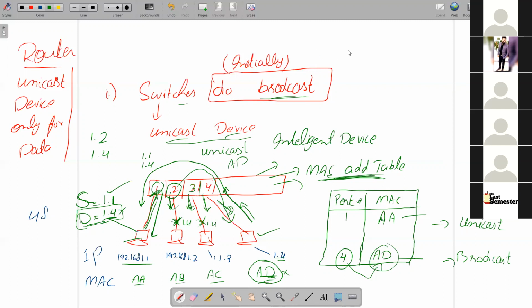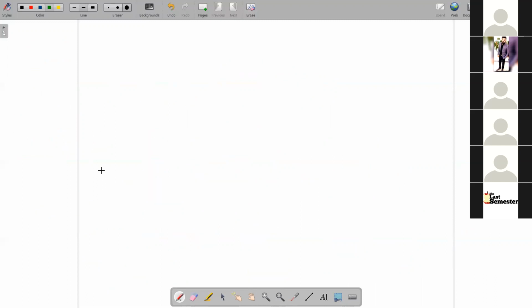But this is the worst case. Why is this not a good thing? Just because, for example, if I'm having 200 users, and they are all sitting on multiple floors.